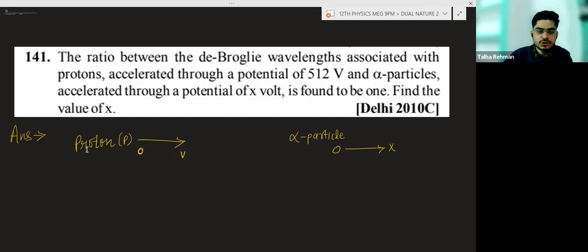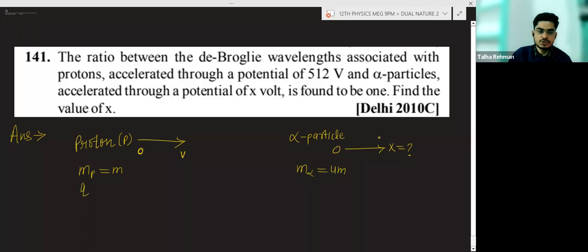We have the ratio of wavelengths as 1. We have to find the value of x. So mass of proton, if m, then mass of alpha particle is 4 times m. Charge on proton, if q, then charge on alpha particle is 2q.